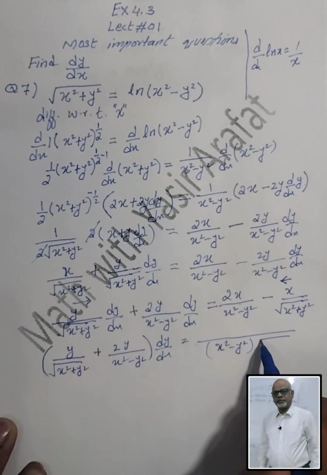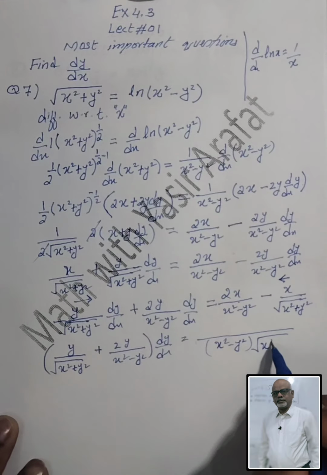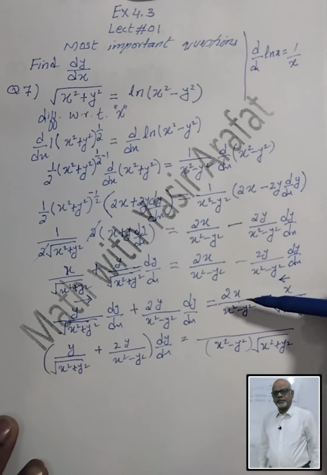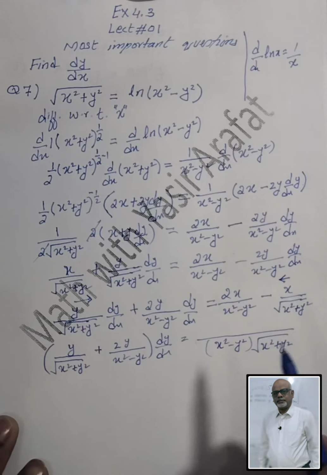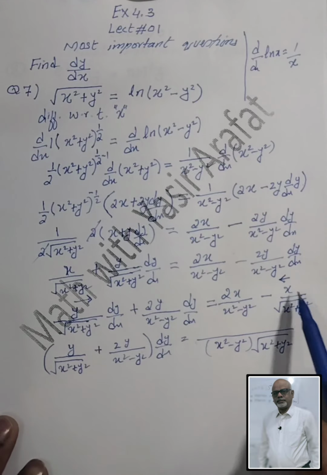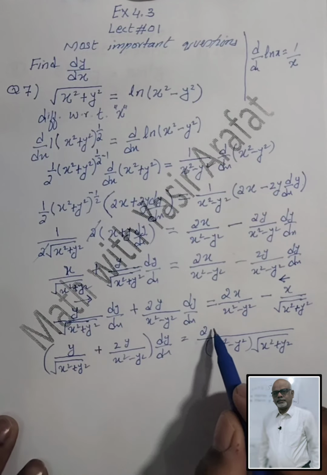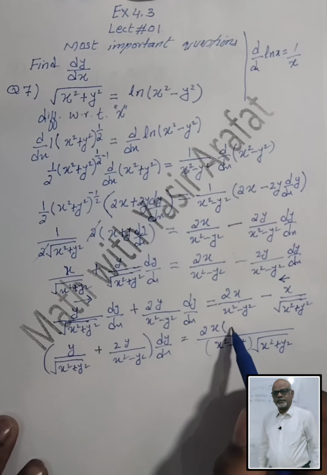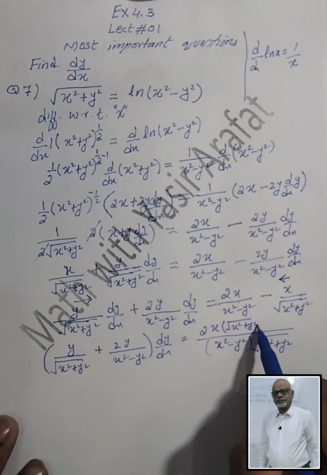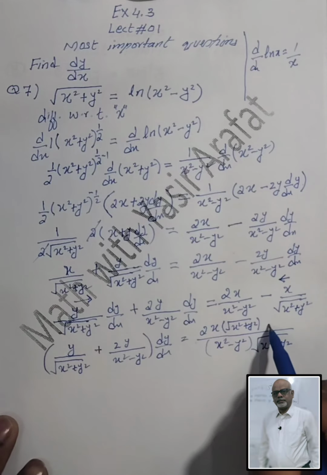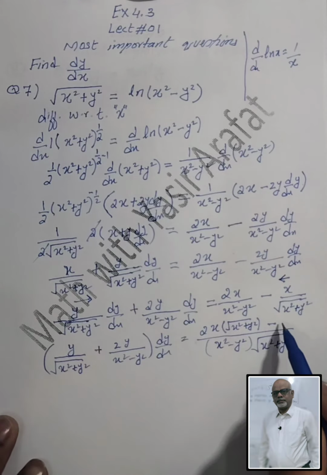This is the simple LCM here between two fractions. So the product we have to write down here. This denominator will multiply with this numerator, and this denominator will multiply with this numerator. So this is 2x times radical x square plus y square, and this is this one, x times x square minus y square.